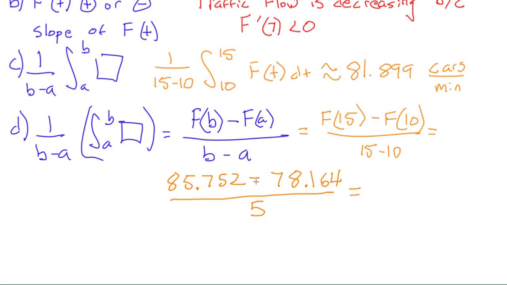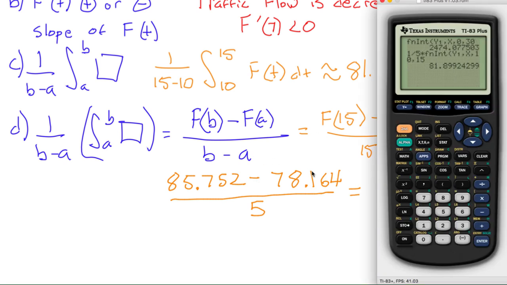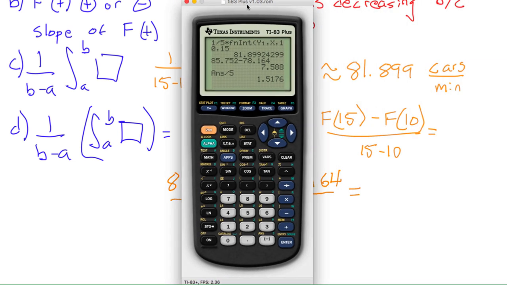So now I'm going to do this on my calculator. Second, quit, and I'm going to do 85.752, and I know that the question in everyone's mind is, wait, Mr. Sindel, you rounded. I rounded to 3 decimals. It's going to be off maybe a little bit. It'll be off more if I was multiplying. If I'm dividing, it won't be that bad. So 85.752 minus 78.164, and then divide by 5, I get 1.5176.